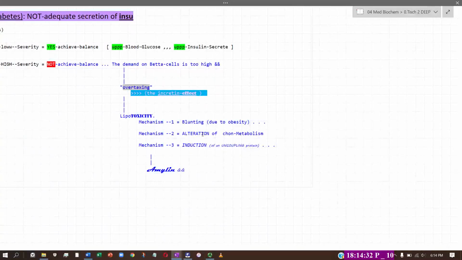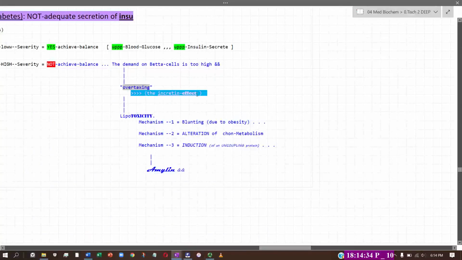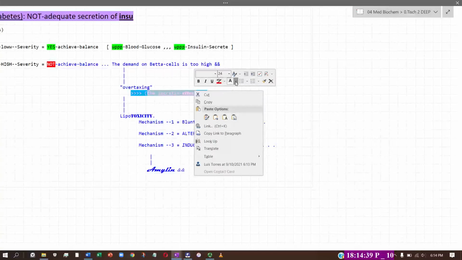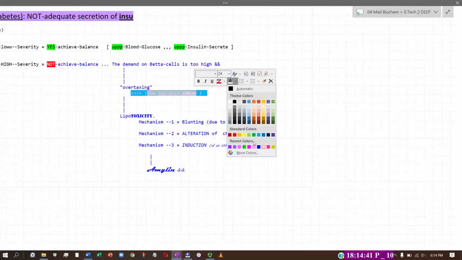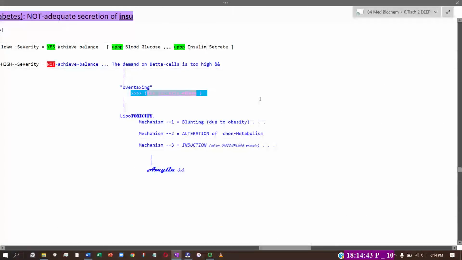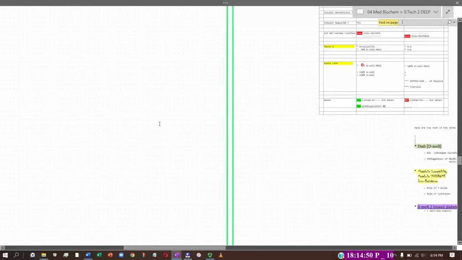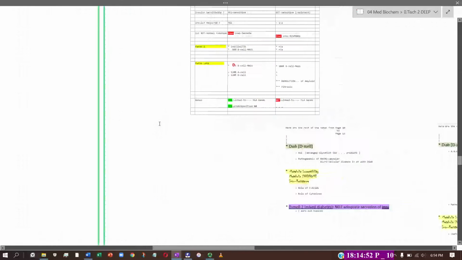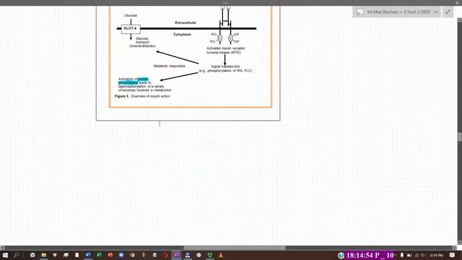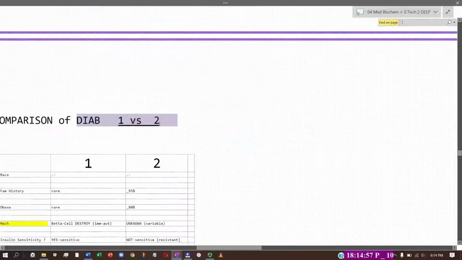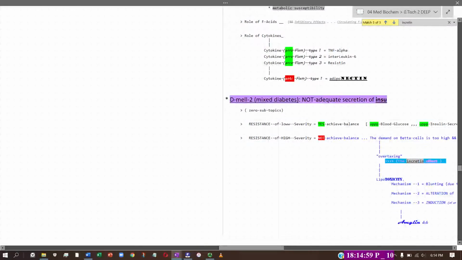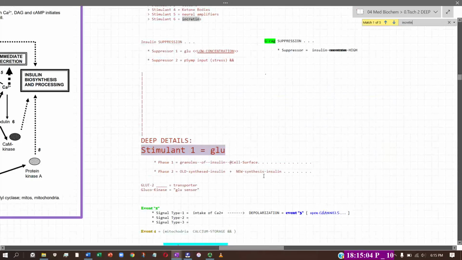There is something to take into consideration here called the incretin effect. I didn't take notes on that, but it does seem to be relevant. And what were the types of incretins? Here we go.